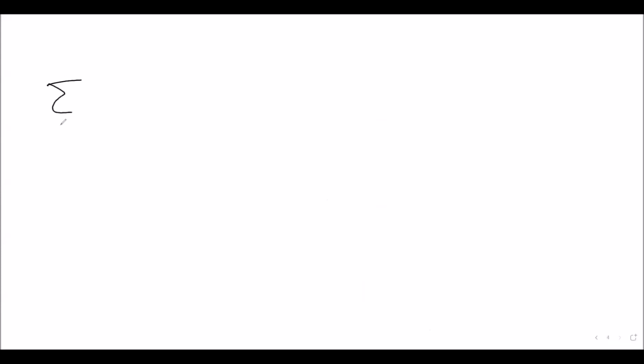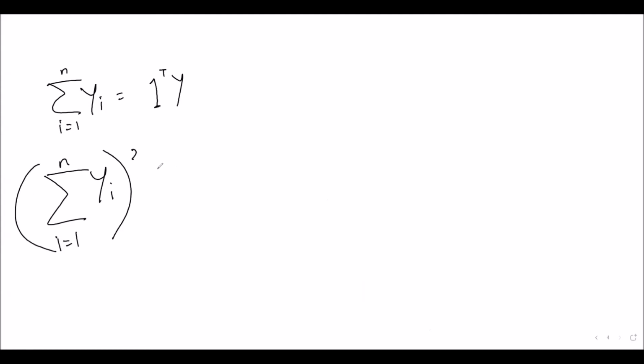So we know summation i goes from 1 to n, yi is given by this one, right? If you want this square, you can't put square here, right? These are matrices.